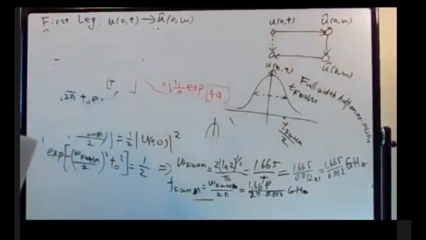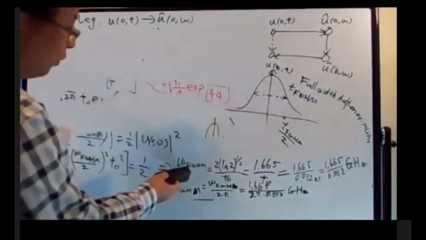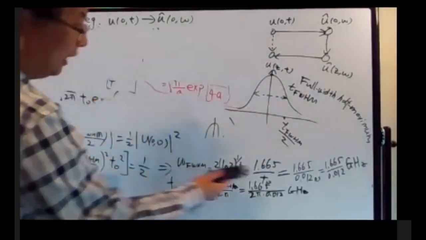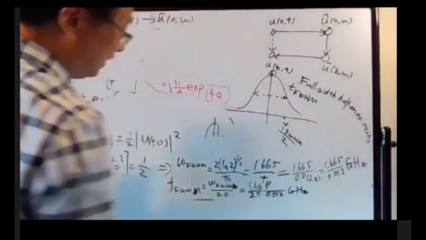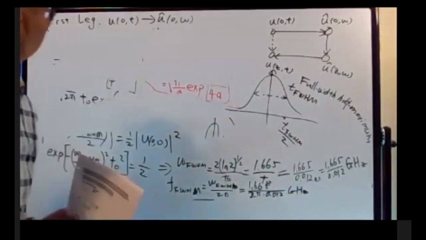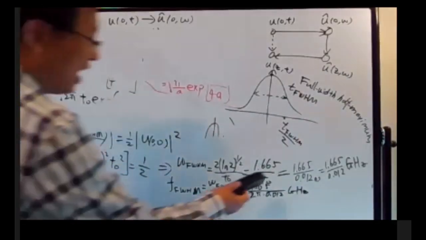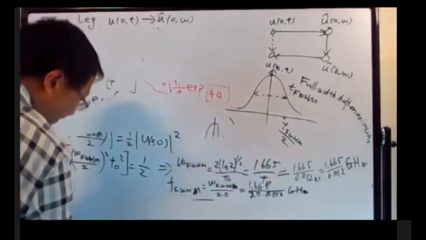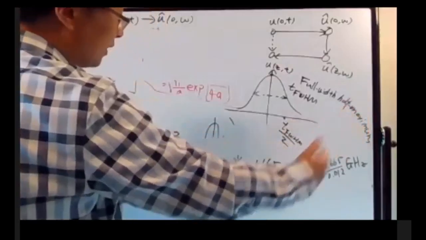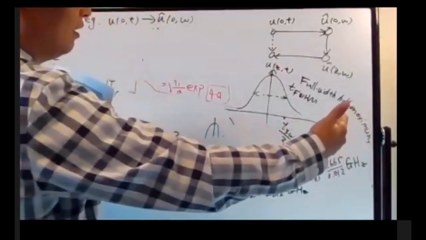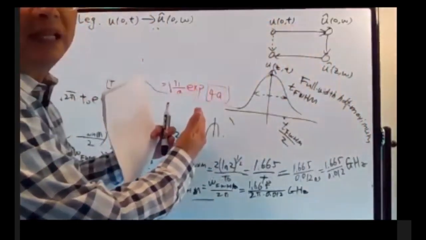So what we have is still a Gaussian pulse. The full-width half maximum is 1.665 over T naught. So what we learn here is that if I have a relatively wide pulse, then after Fourier transform, the frequency spectrum is a bit narrow.